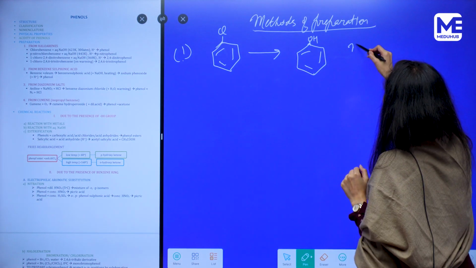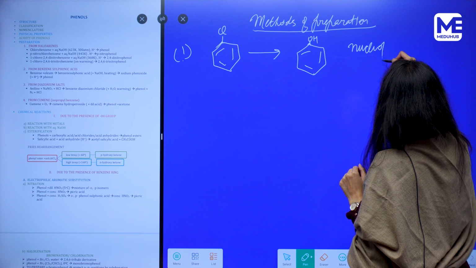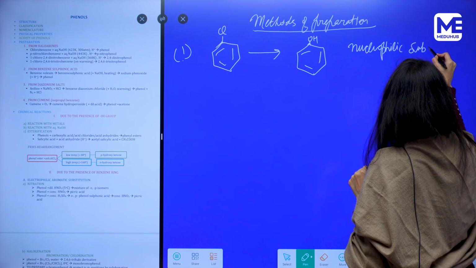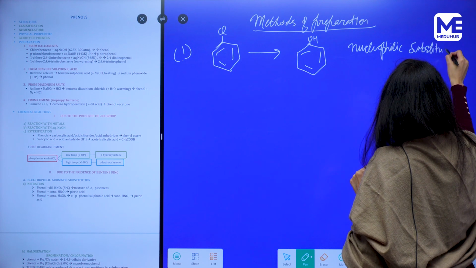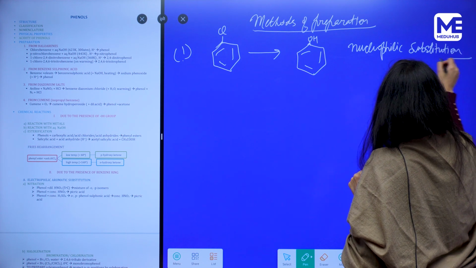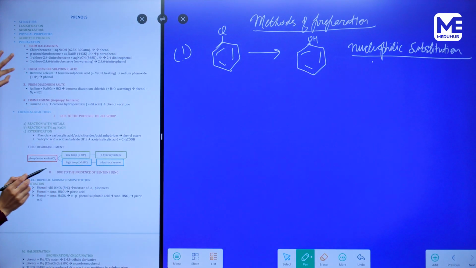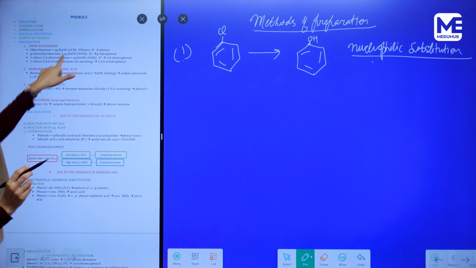So this is an example of a nucleophilic substitution reaction. So how does this happen? We fuse chlorobenzene with aqueous NaOH.